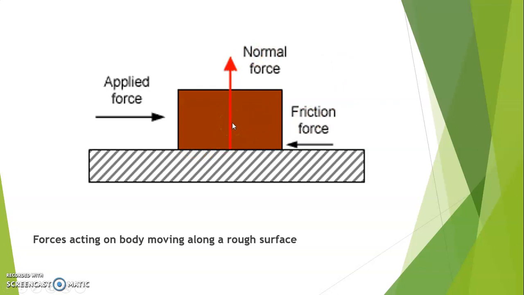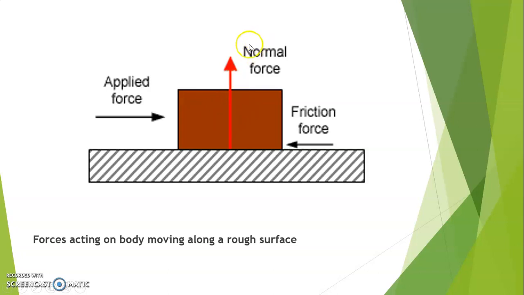So the weight is exerting a force on the horizontal surface as the action force in a downward manner. Then the reaction force to that weight is the normal force, which is drawn with the red arrow pointing upwards. So these forces are all acting on the said body.